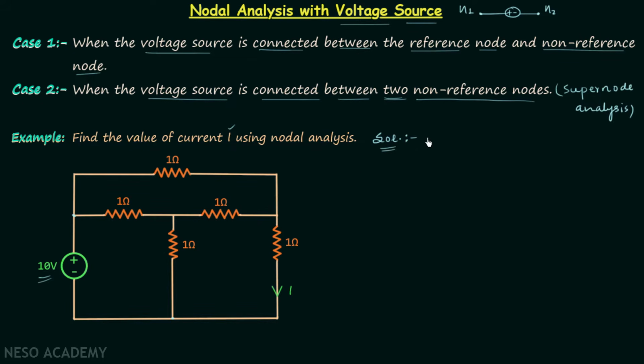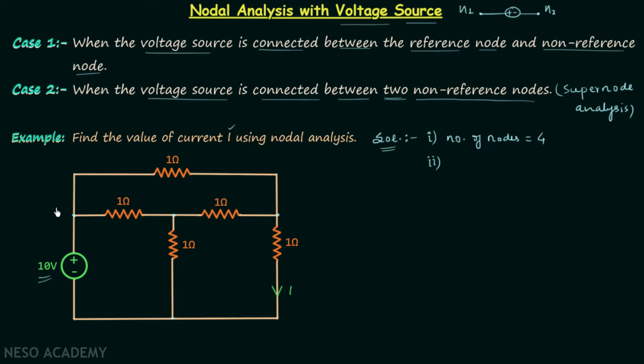And we know the step number 1 is to identify the total number of nodes present in the network. And here we are having 1, 2, 3, and 4 nodes. So number of nodes is equal to 4. And in step number 2, we assign the node voltages and we choose the reference node.